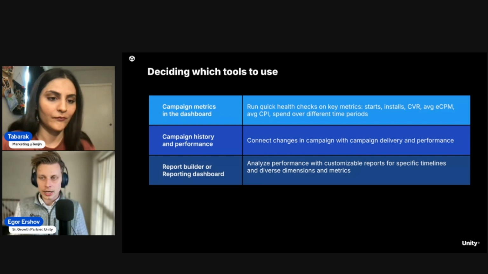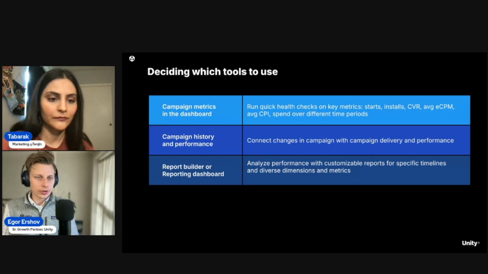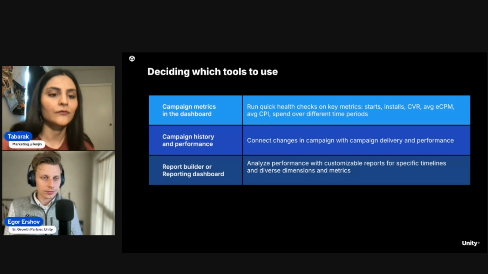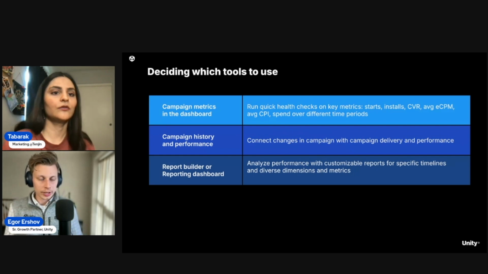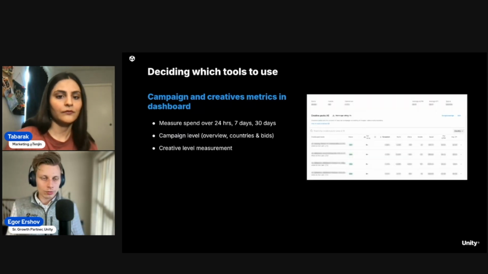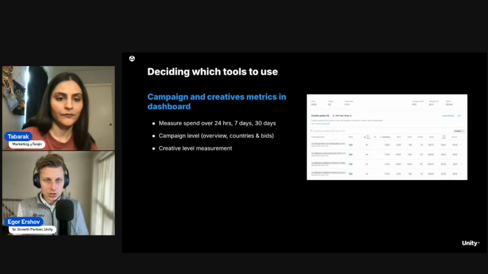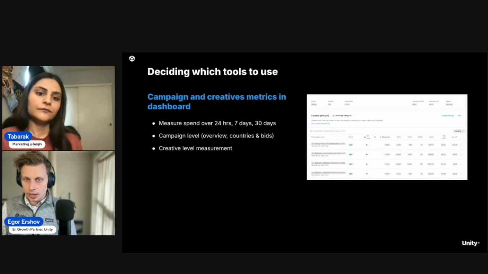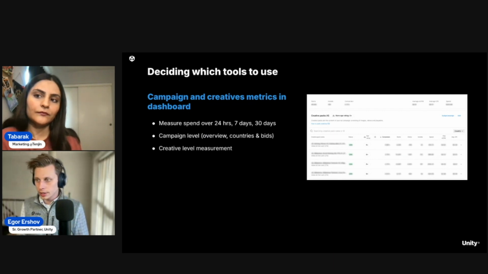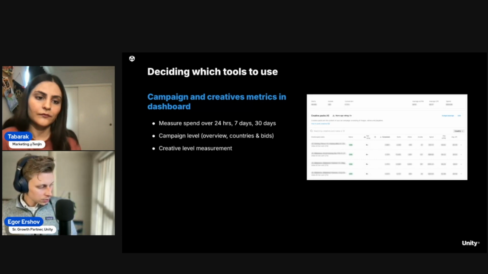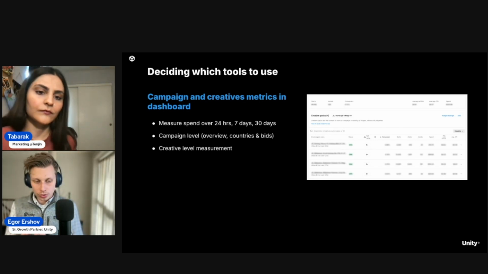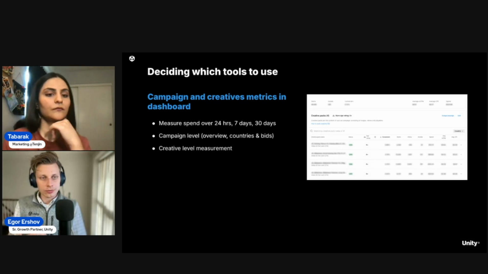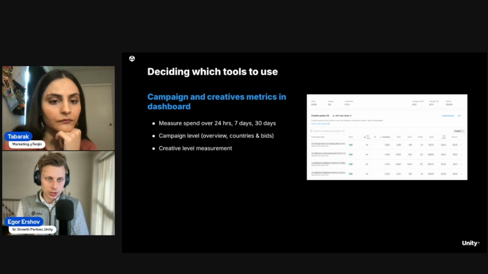I would probably say that all three of them are the pillars of monitoring your activity properly, and none of them should be overlooked. So when it comes to the campaign details page, and you can see how it looks from the slide here, this is your first entrance to understanding how your campaign performed in the relative 24 hours, 7 days, or 30 days.